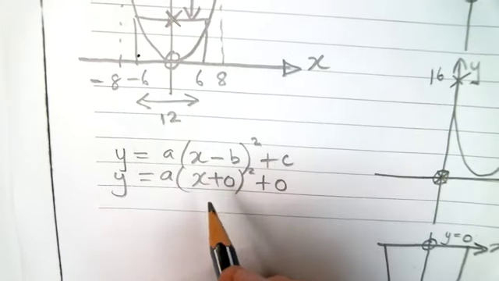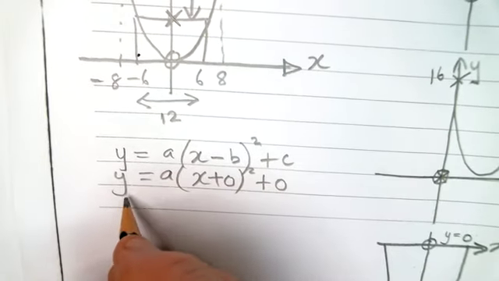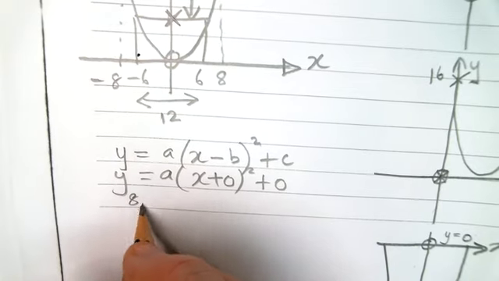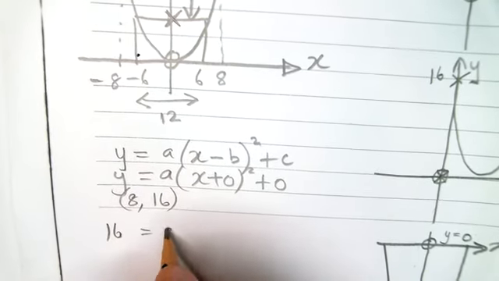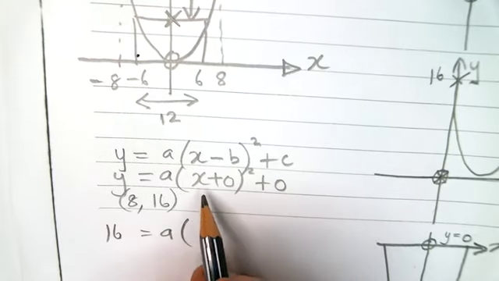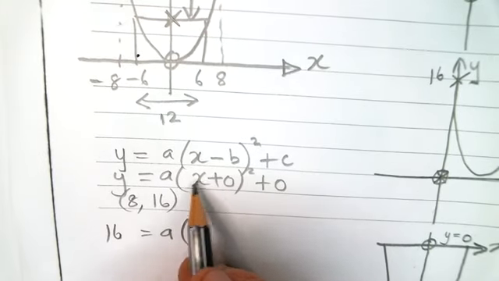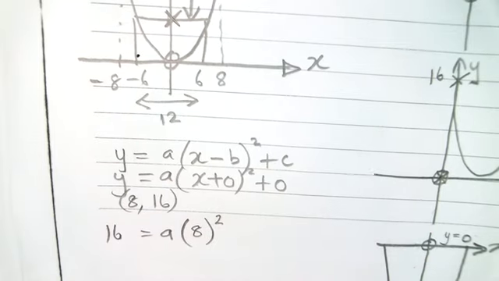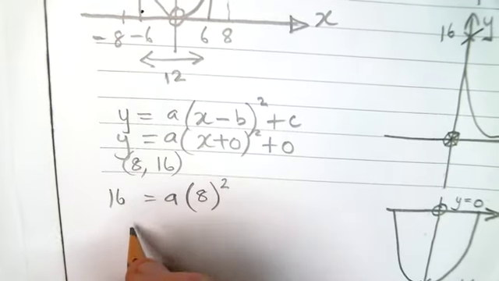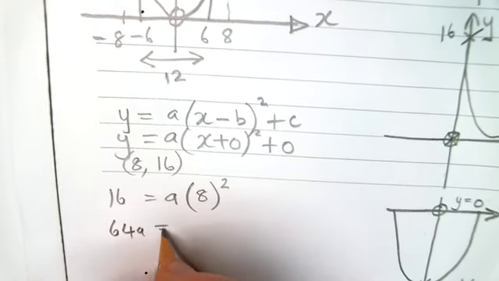Let's populate this now with our values. So we've got an x of 8 and a y of 16. So 16 is equal to a, and x we decided was 8, so 8 plus 0 all squared. So that's going to be 64a is equal to 16.